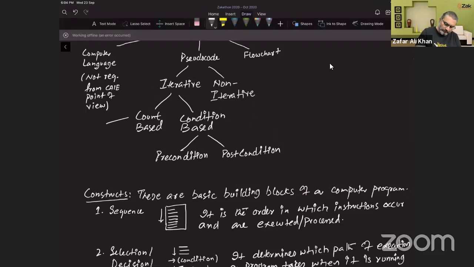In count based, there are two. Simple and complex one. We will discuss this a little bit later. So we have simple count based, we have complex count based, we have then condition based, and we have precondition based, we have post condition based.